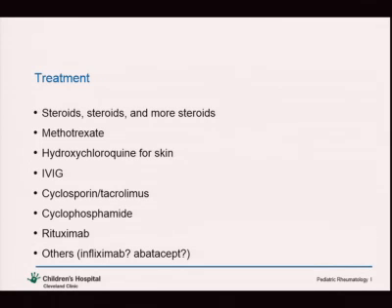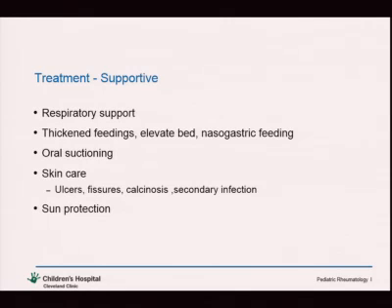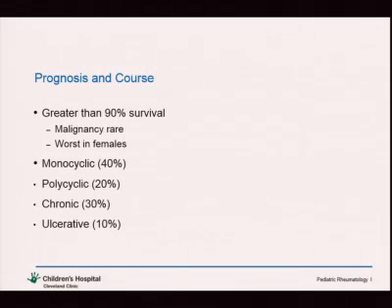Then secondary therapies: cyclosporin, rituximab has a role as well, and in very severe patients, potentially cyclophosphamide. The supportive treatment is being very careful to prevent aspiration, skin care to prevent ulcers, and, as a sun-sensitive condition, preventing a lot of UV exposure.